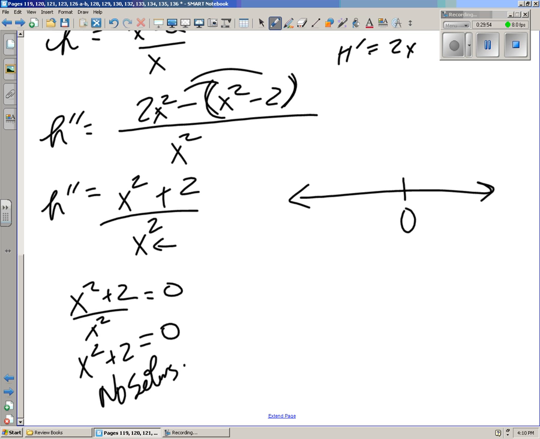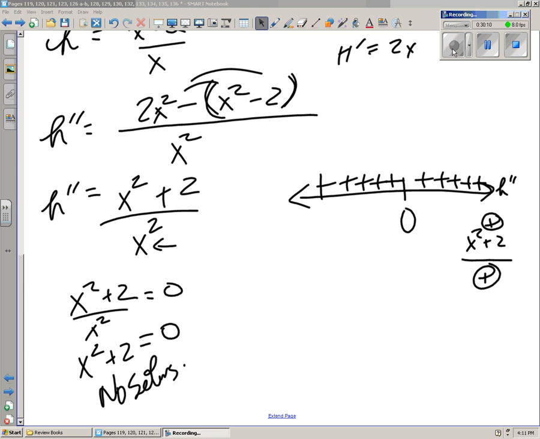So x squared plus 2, again, think about this. x squared plus 2 is always a positive quantity. x squared, besides at 0, is always positive. So this function's second derivative is always positive. If h double prime is always positive, you're always concave up.